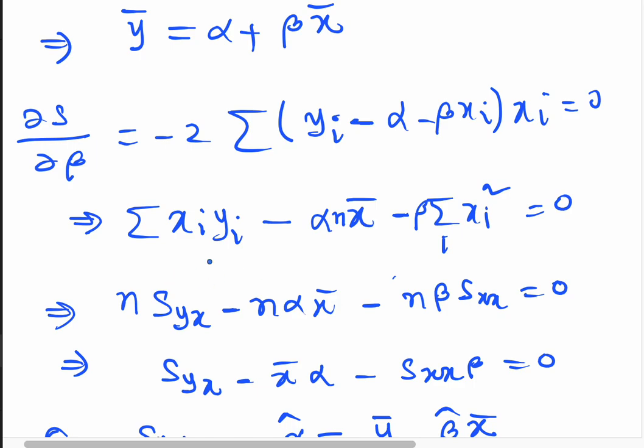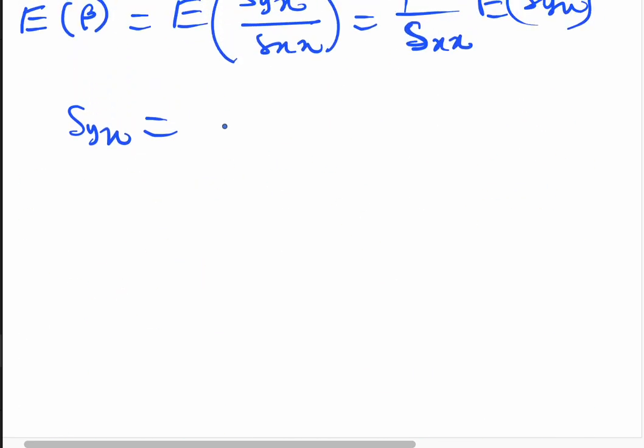This is equal to summation of xi yi minus 1 by n summation of xi summation of yi, which is xi yi minus n x bar y bar equal to Sxy. So there is a multiplication x bar y bar, so Sxy, i equal to 1 to n, xi yi minus n x bar y bar.